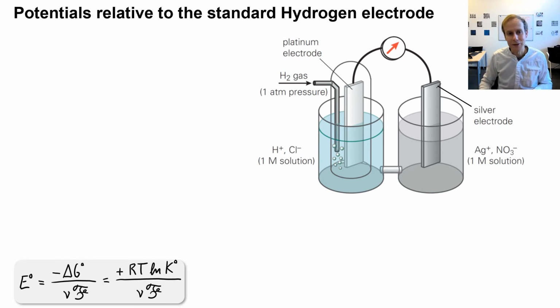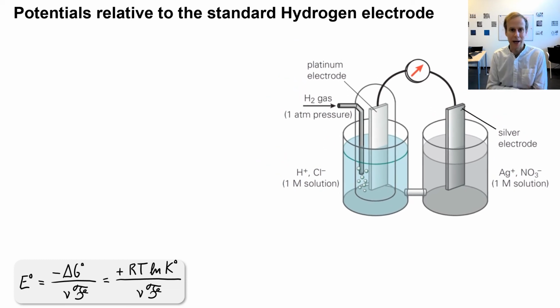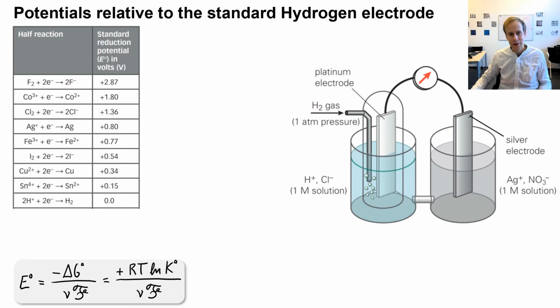So scientists went to the laboratory and measured the standard reduction potentials of all kinds of electrodes. And they tabulated these values here. In the first column of this table, you see the reduction reaction. It's always the element reacting with electrons to form the reduced version of it.